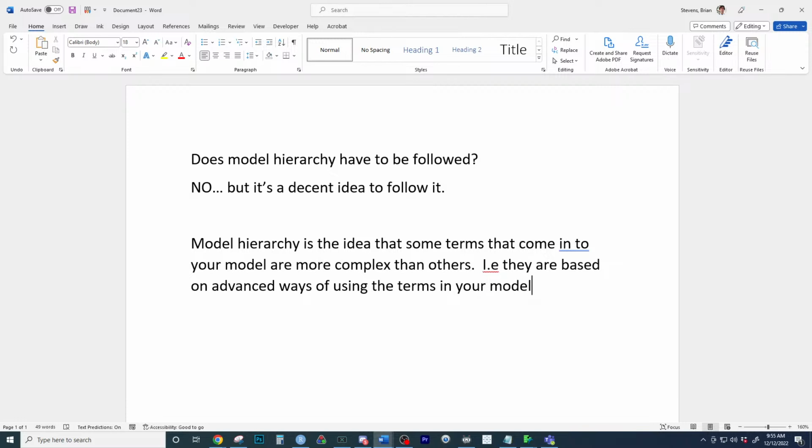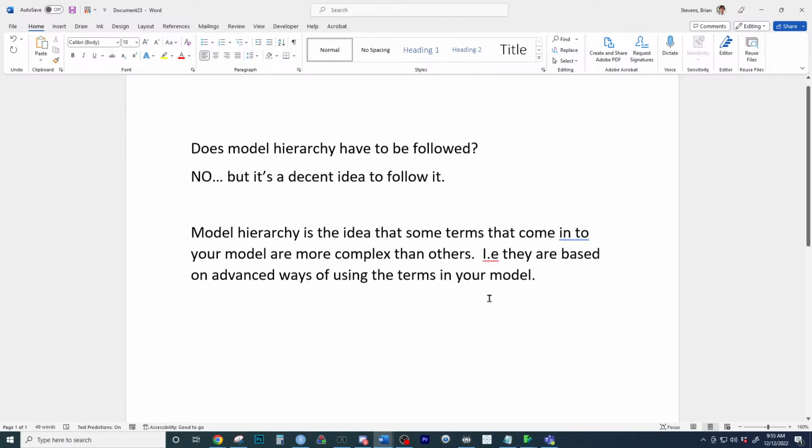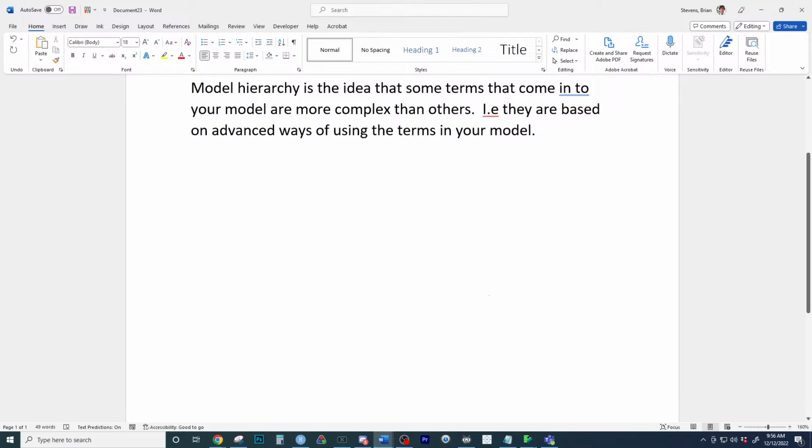So there's more advanced, more complex terms in your models. When we do model hierarchy, it applies in a few different ways. Polynomial models.